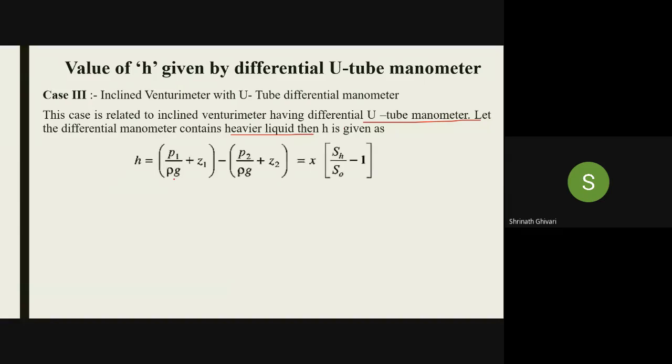See, H equal to (P1 by rho G plus Z1) minus (P2 by rho G plus Z2). Why have we taken Z1 and Z2 here, and not in the previous one?